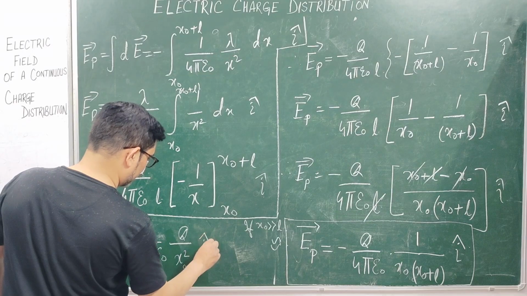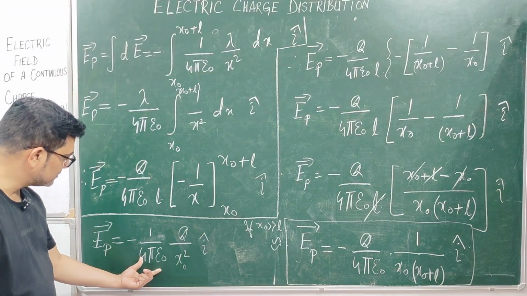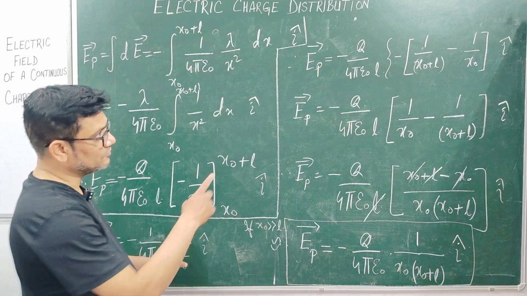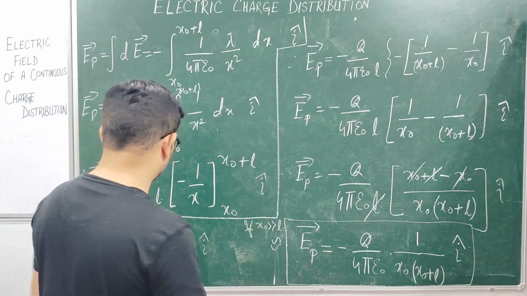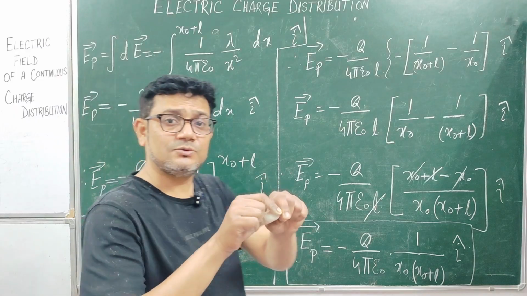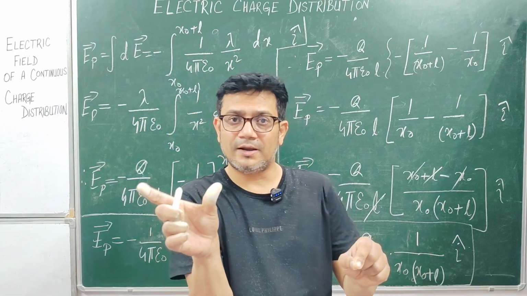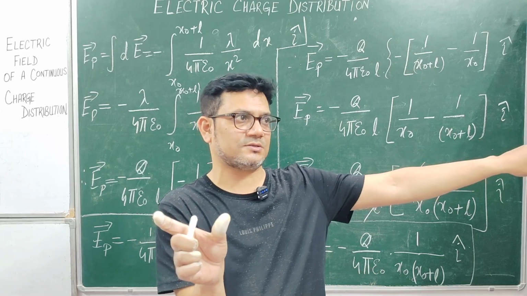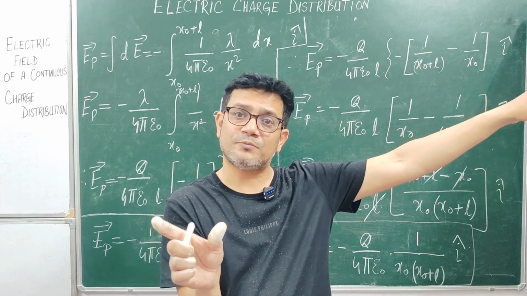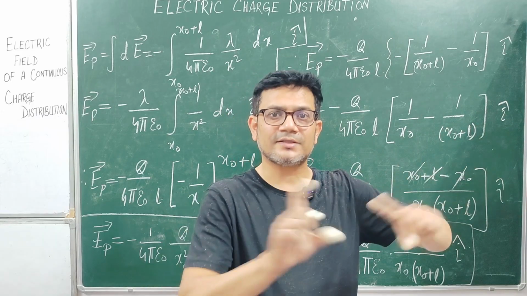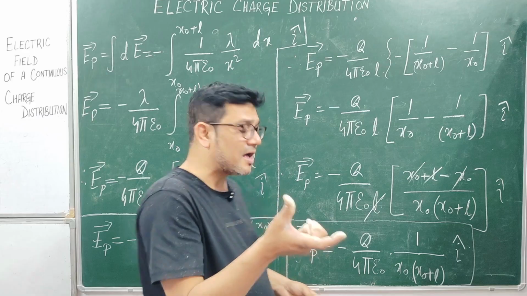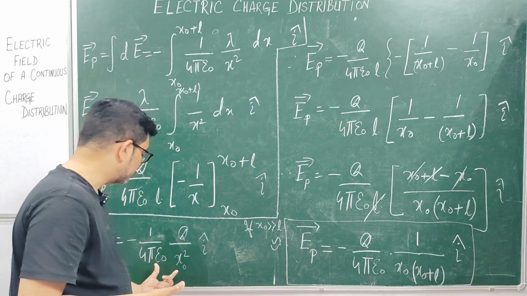Now look carefully. Is it not the situation of a point charge? So that approximation is reasonably correct. Why? When we take that continuous charge distribution, the length of it is small as compared to the distance far off at any point P. And if you take that approximation, that length of the rod would behave as if it is a point.